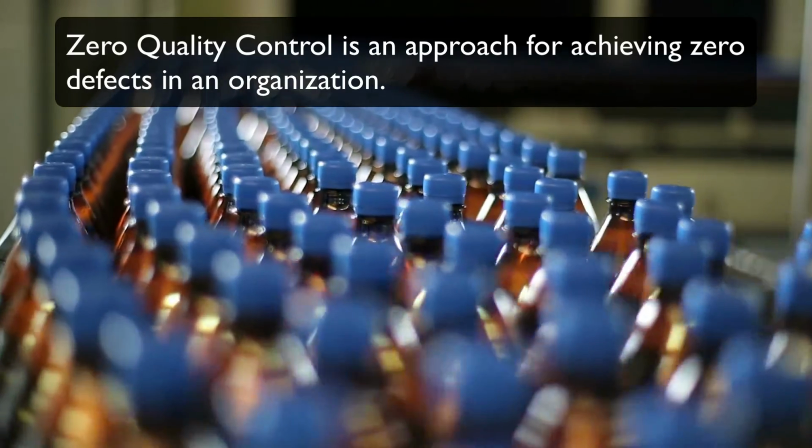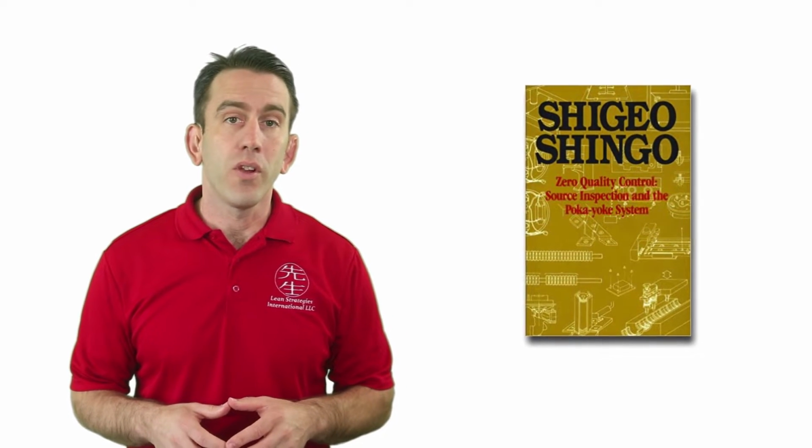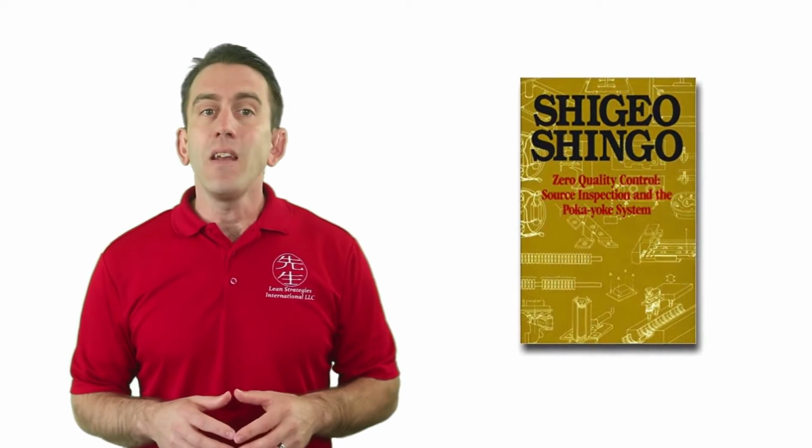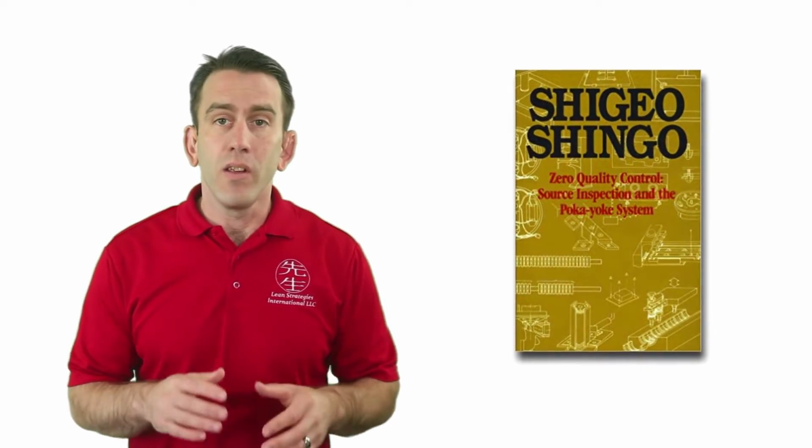Zero gives reference to the objective of the ZQC system, which is to produce all products and services with zero defects. The approach was first outlined in the book Zero Quality Control, Source Inspection, and the Poka-yoke System, which outline the main concepts of the ZQC system.